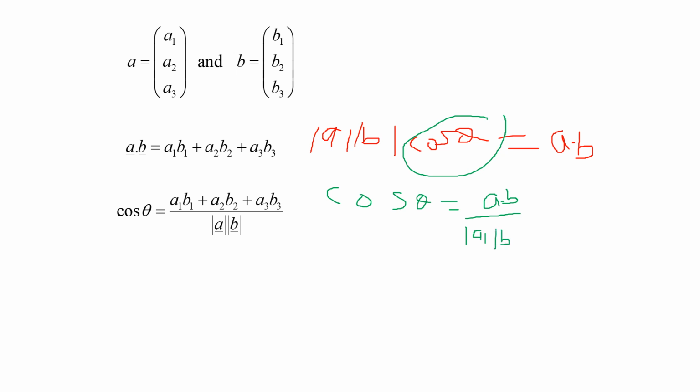We are just rearranging the scalar product formula that we learned in the previous slides. If you're given component form, this is the method to determine the angle between the two vectors given.